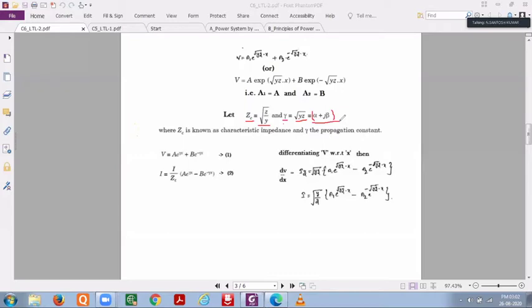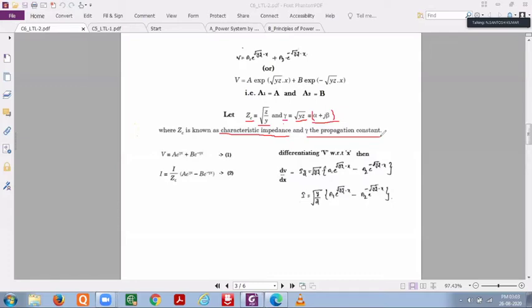For the time being, to complete this analysis, assume gamma as under root small y small z, and Zc as under root small z by small y. We have names for them. Zc is known as characteristic impedance, and gamma is known as propagation constant.